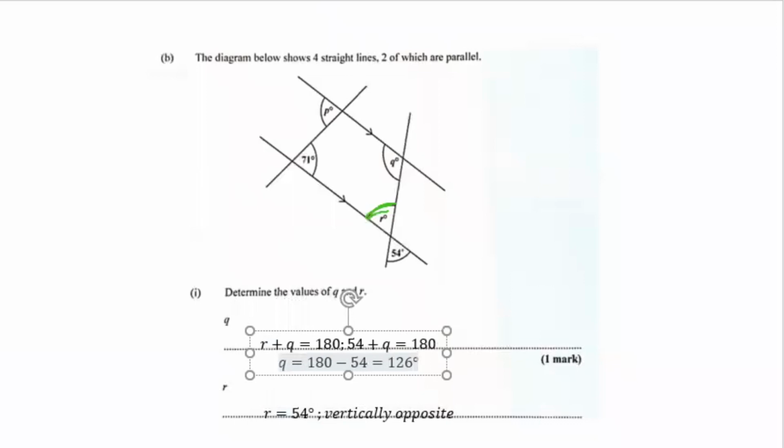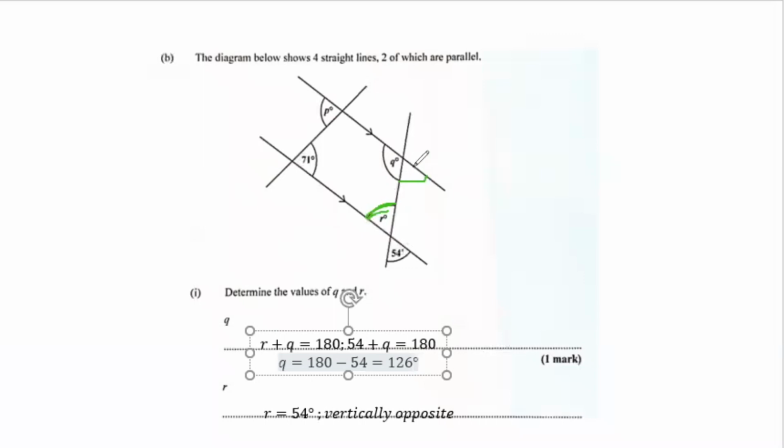However, if you're one of those students who must solve Q first before solving for R, what you could have done was to say, if this right here is 54 degrees, then this point here is also 54 degrees. What that is called is corresponding angles, and corresponding angles are equal.